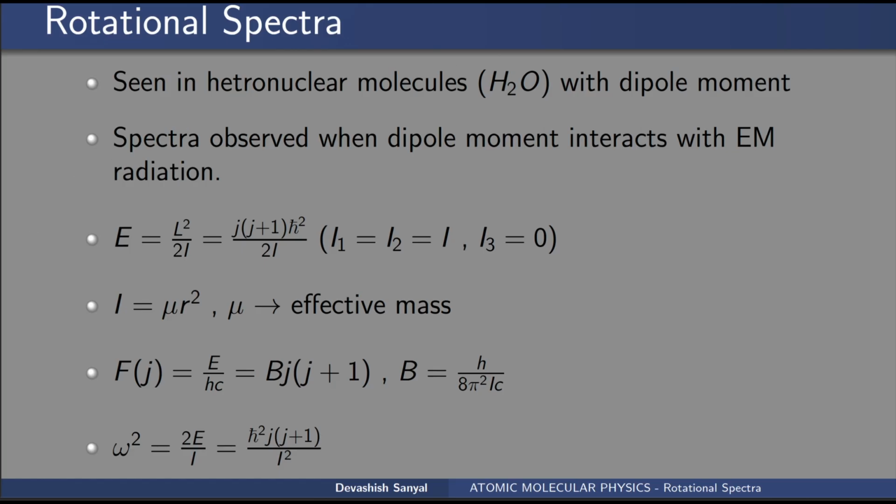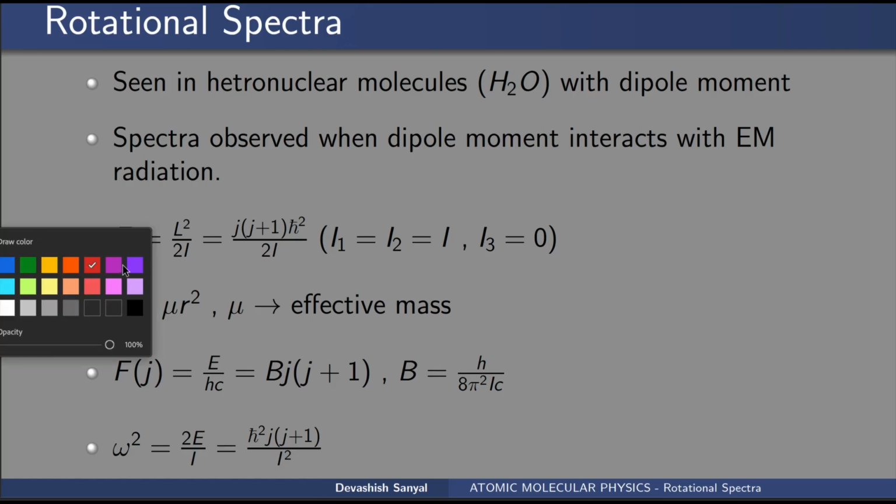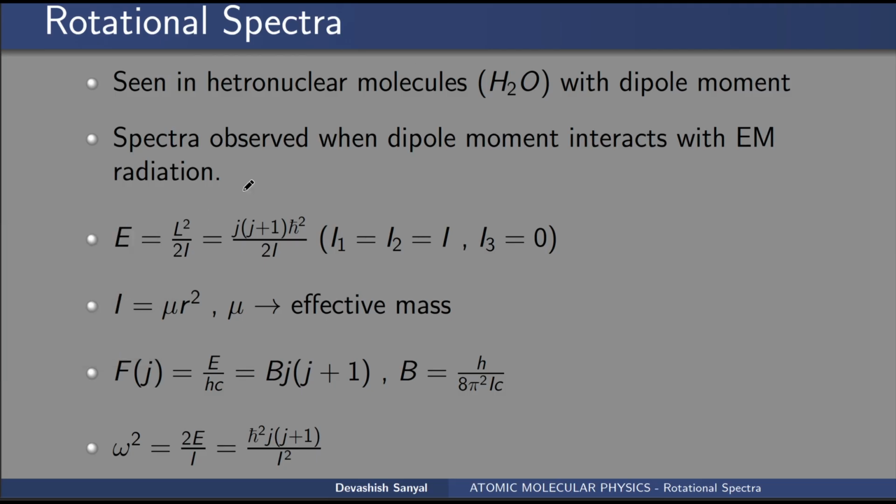So let me change the color to purple. Rotational spectra will be seen in what we call heteronuclear molecules with a dipole moment. Heteronuclear molecules will have a dipole moment, like water.